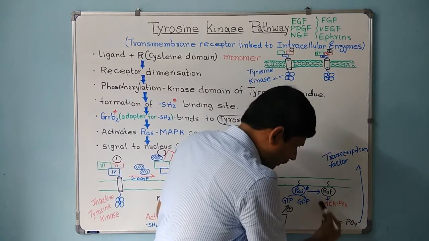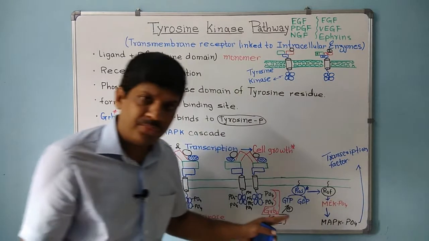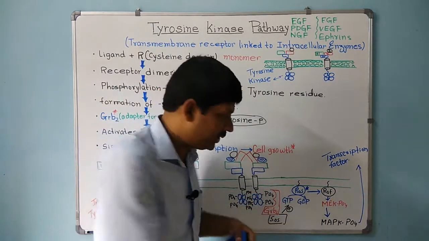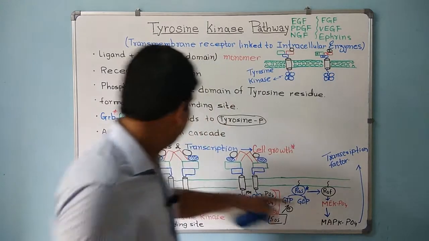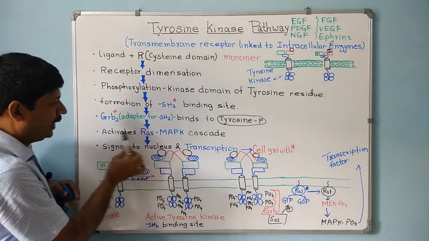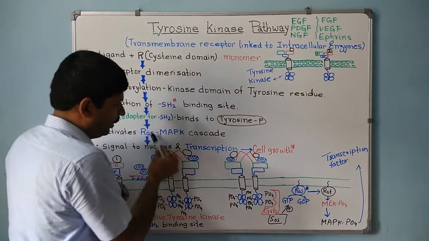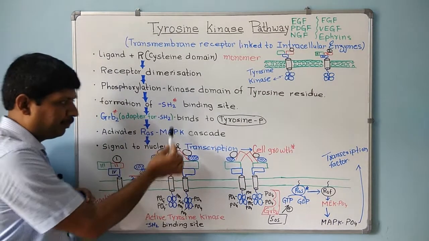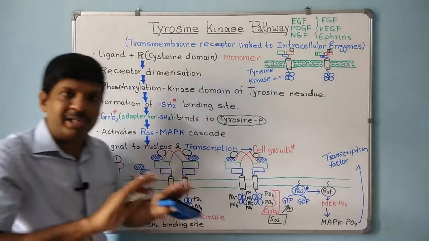Now this MEK-PO4 will in turn activate MAPK, or cause the phosphorylation of MAPK. So this activates the RAS-MAPK, that is rat sarcoma or mitogen activated protein kinase pathway. It activates the whole pathway. This is a whole separate pathway.